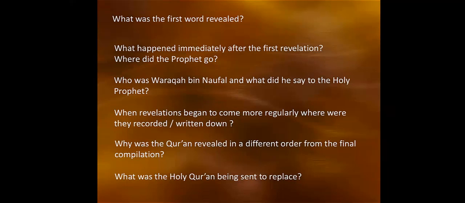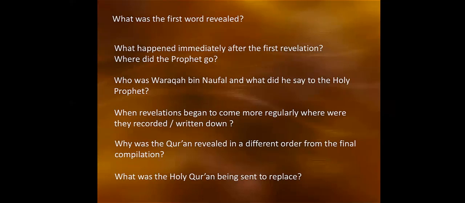Assalamu alaikum. Wa alaikum assalam. So when the revelations began to come more regularly, where were they recorded or written down? Do you remember? On any material. Excellent, good. So any material they could find, it could be animal skins, it could have been rocks, anything that they could find. Brilliant.